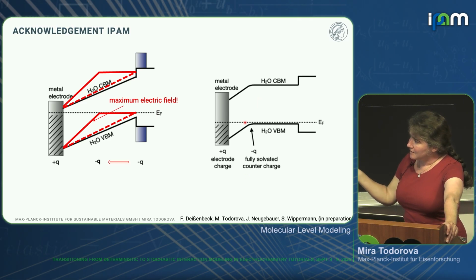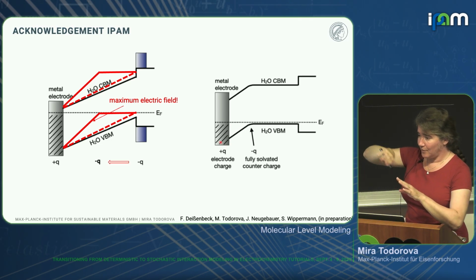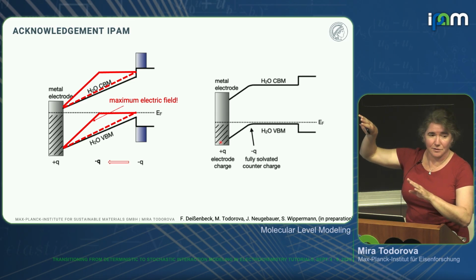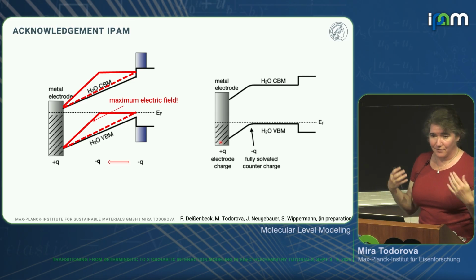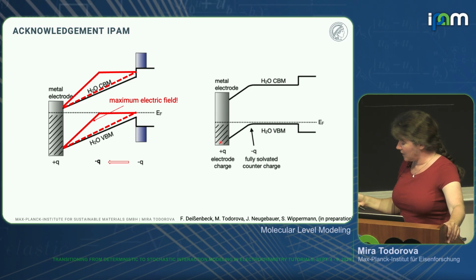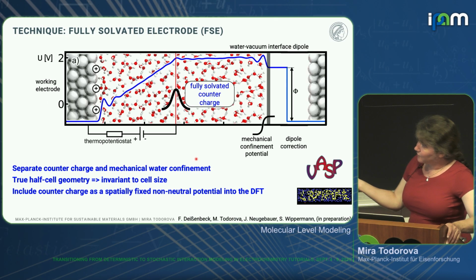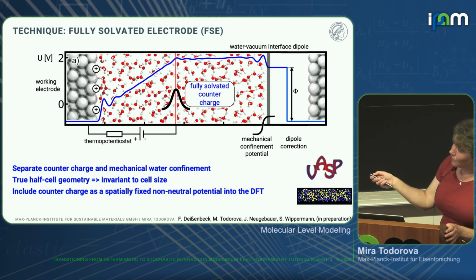And you can see that, of course, we need to be careful that we don't bring this charge too close, so we still want to have this very high potential drop at the interface that we have in the real physical system, but we can achieve a much higher field at the interface and therefore also look at reactions or things we can't look at the moment. And this is how it would look.